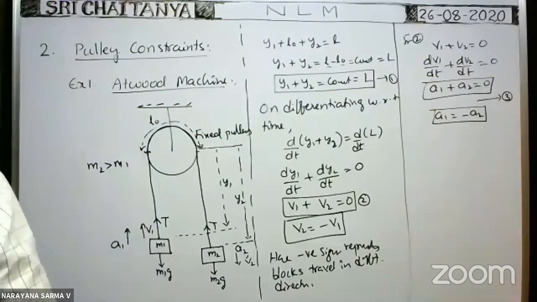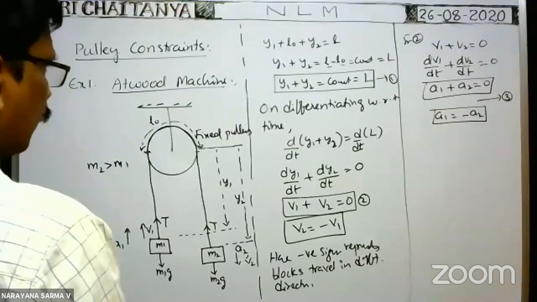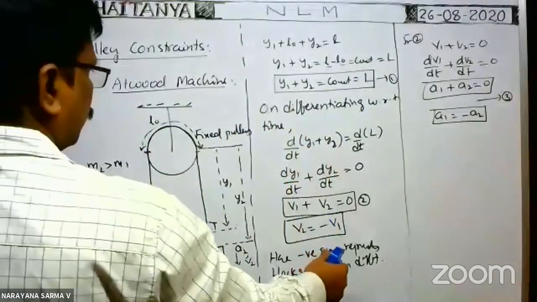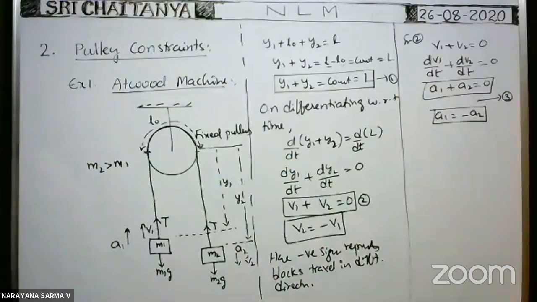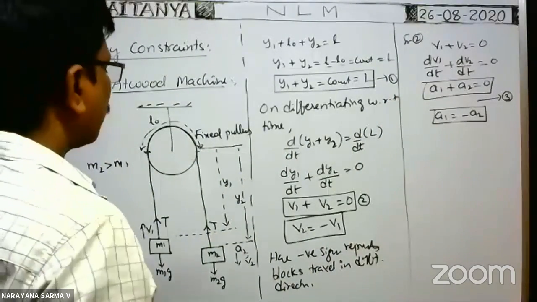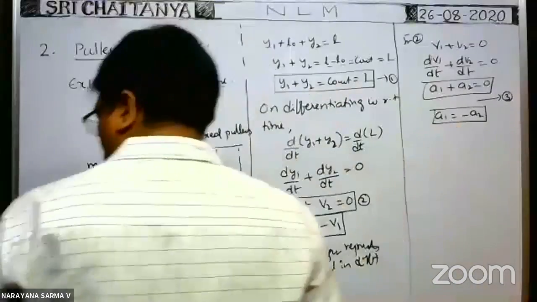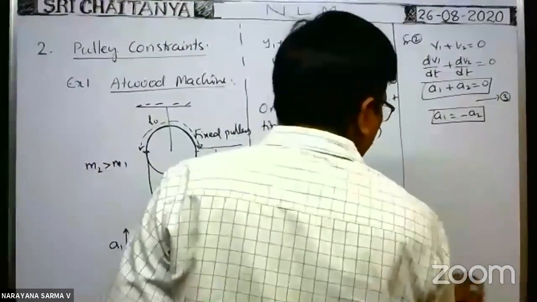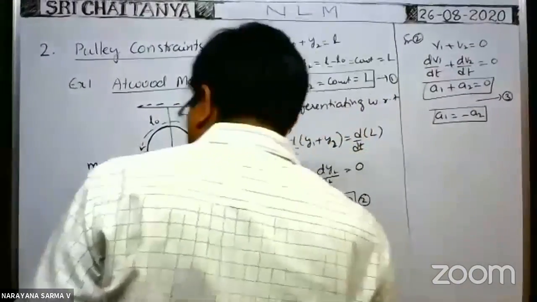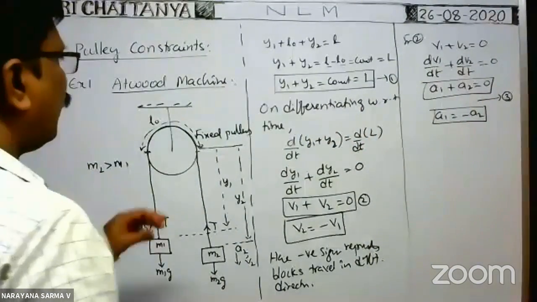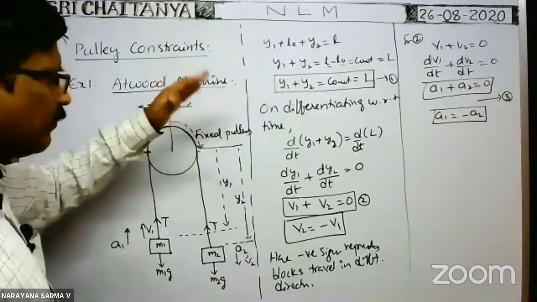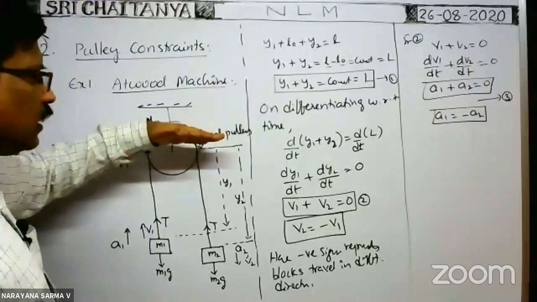Next, one more example I want to discuss. Shall I write this one? Here, the same problem can be solved by the power method. That is easy, because in all cases it is difficult to write the constraint relation in terms of lengths. In terms of lengths, it is difficult because we have to choose the fixed body.